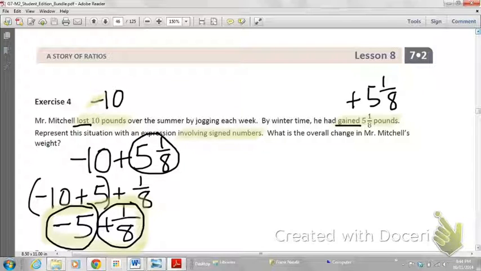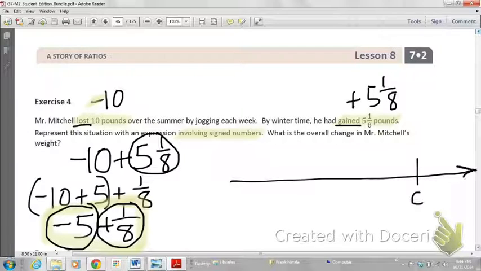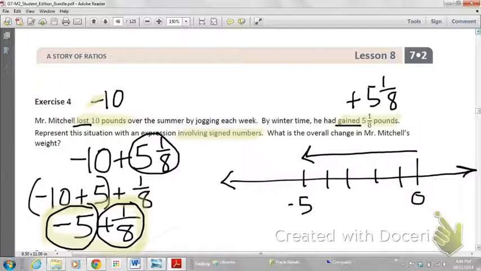If I have my number line, and I love the number line: negative 1, negative 2, negative 3, negative 4, negative 5. Here I am at negative 5. What do I do now?